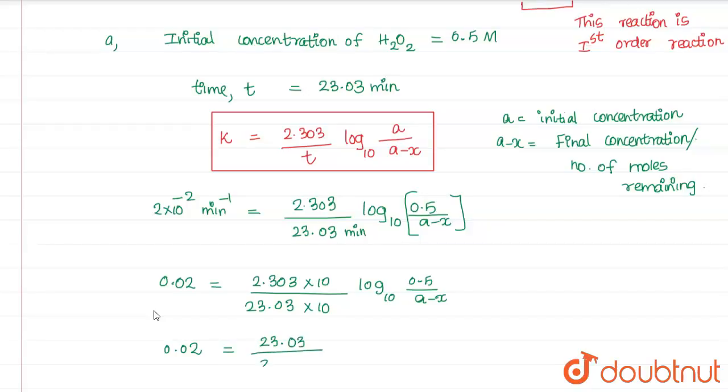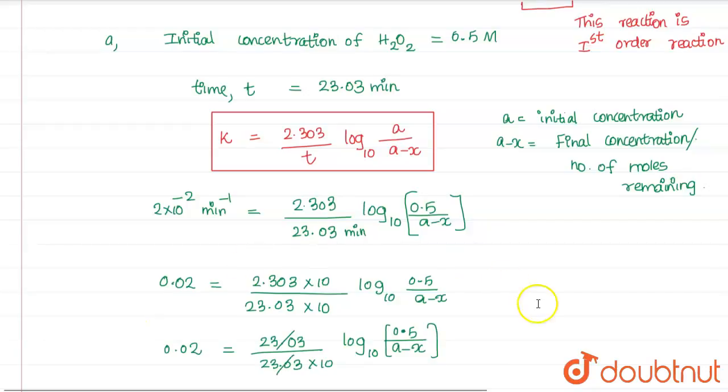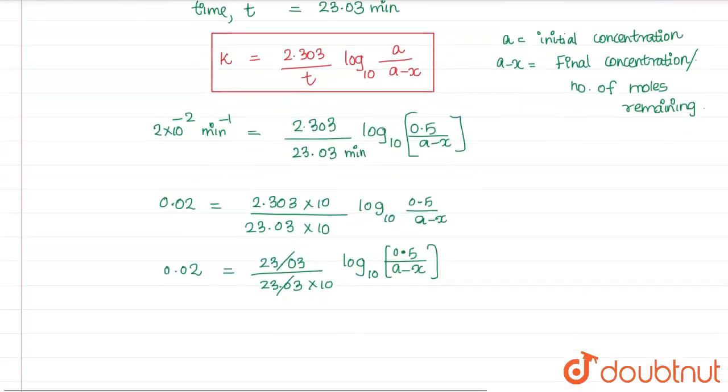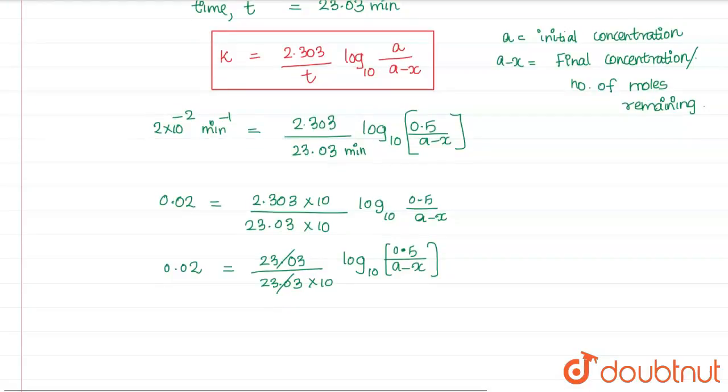So 0.02 is equal to 23.03 divided by 23.03 into 10 into log to the base 10, 0.5 divided by A minus X. Here 23.03 and 23.03 will get cancelled and we will get 1 by 10. This 10 we can multiply here.